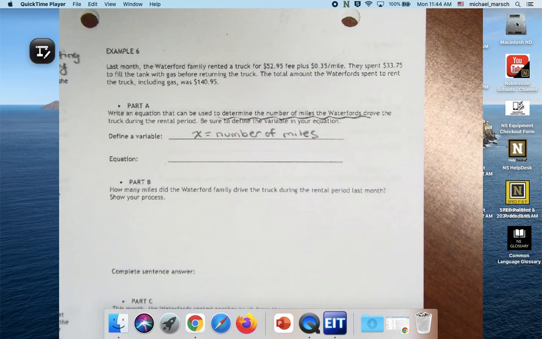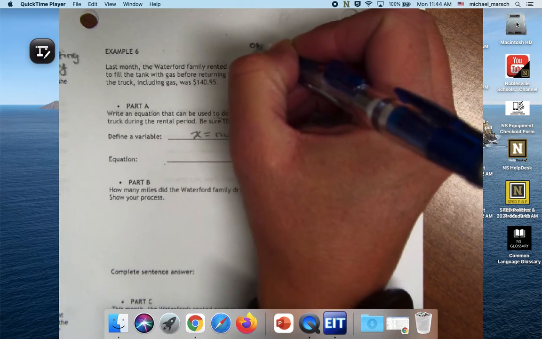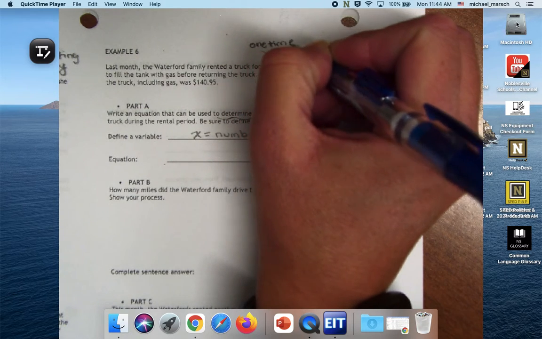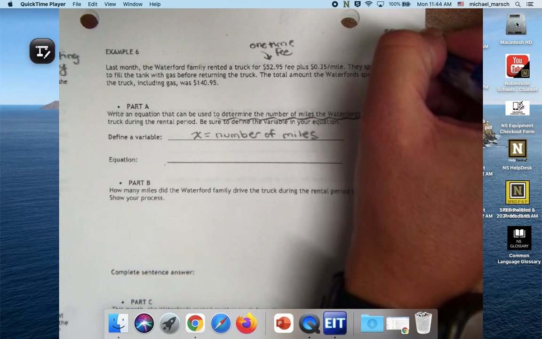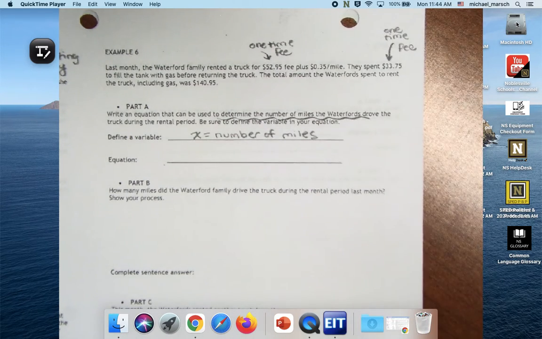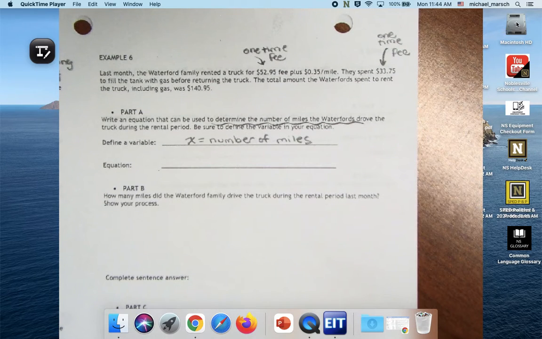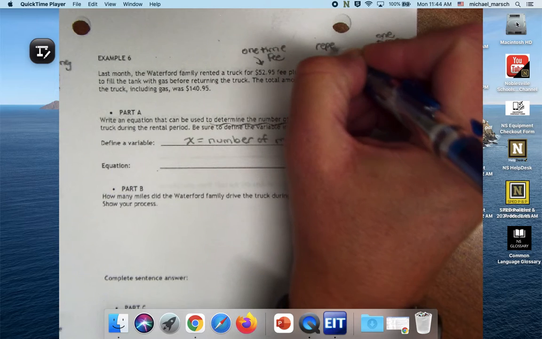We can combine like terms because we have two one-time fees, the rental of the truck and the gas money. And then the 35 cents is the repeating fee.